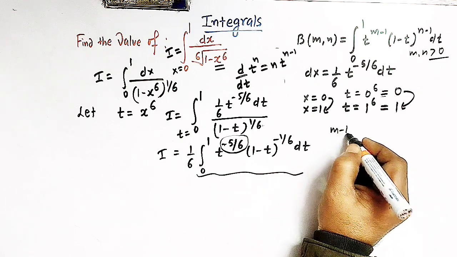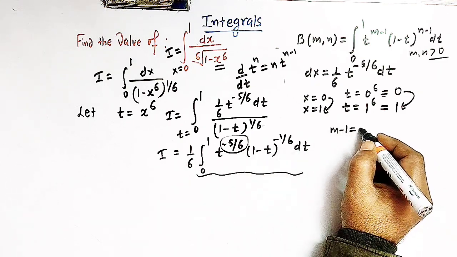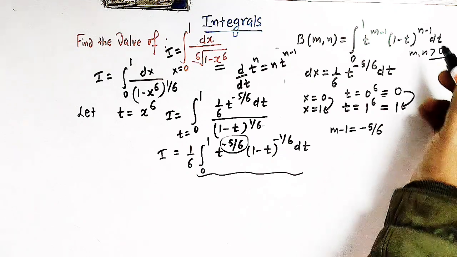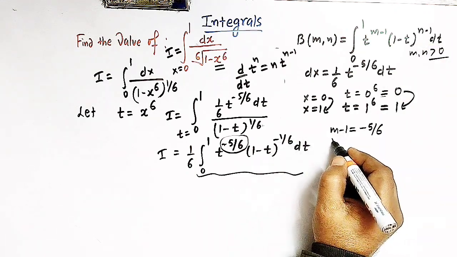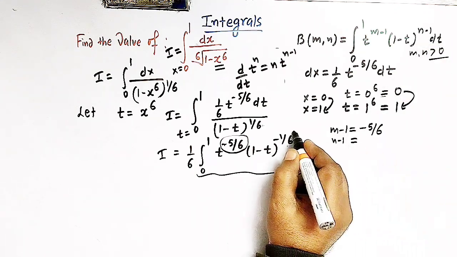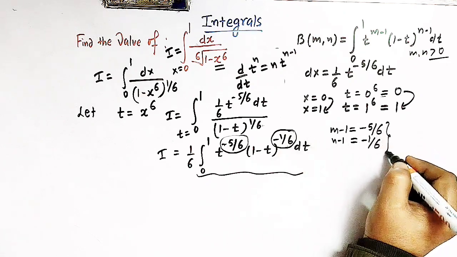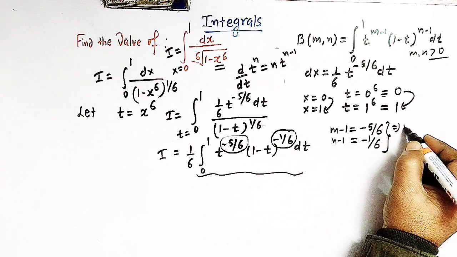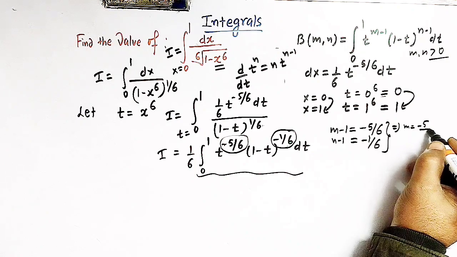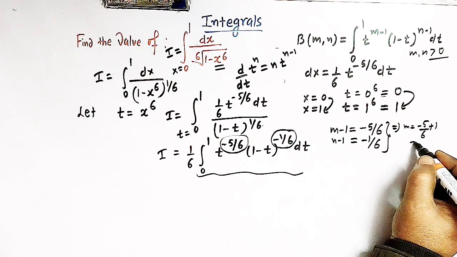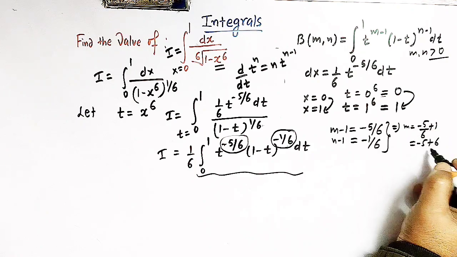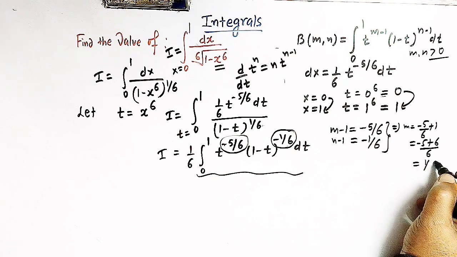So now m minus 1 can be written as minus 5 over 6, and n minus 1 can be written as minus 1 over 6. So let us solve these two equations. So we can now write m is equal to minus 5 by 6 plus 1, that is minus 5 plus 6 over 6, that is 1 over 6.